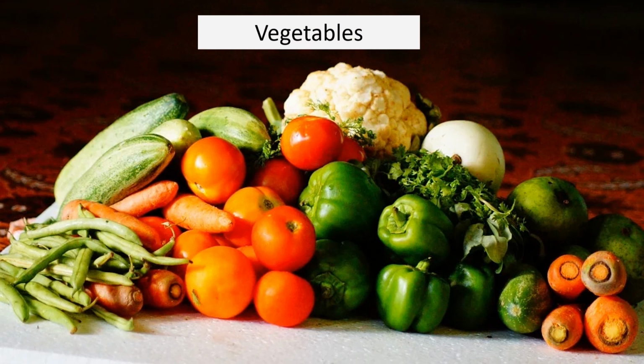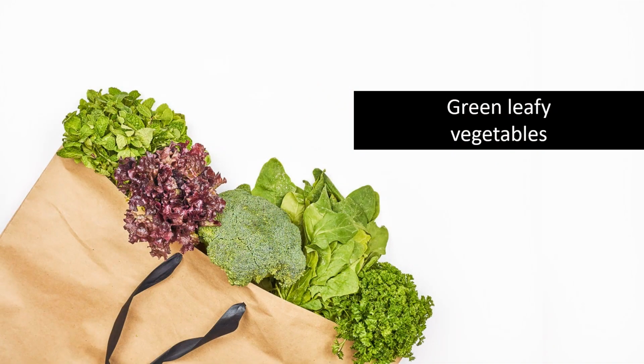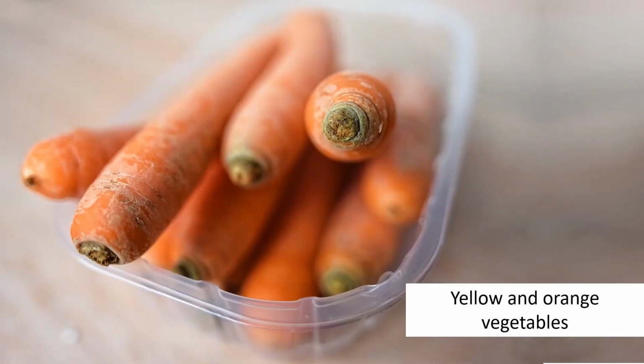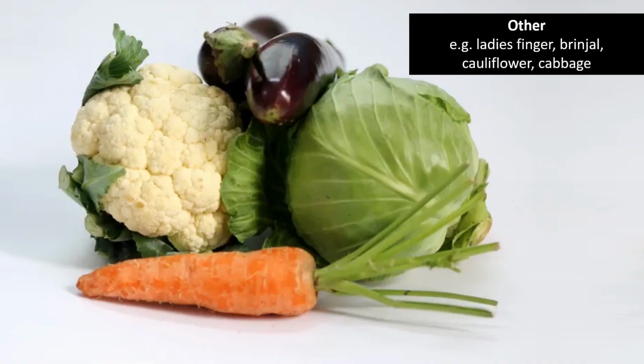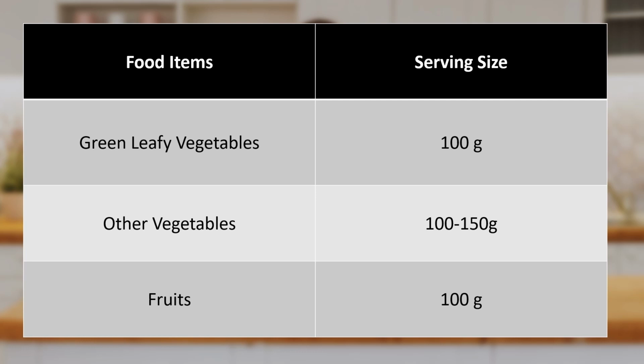Vegetables again can be under 3 categories. They can be green leafy vegetables, yellow and orange vegetables, or other vegetables. For example, ladyfinger, brinjal, cauliflower get categorized under other vegetables. So, with this vast variety, we have included them.